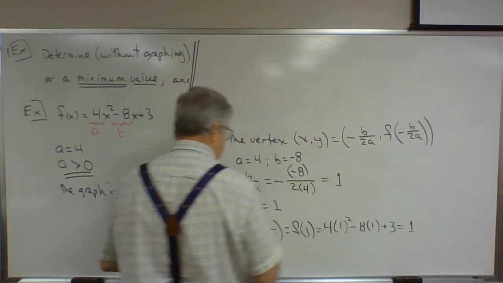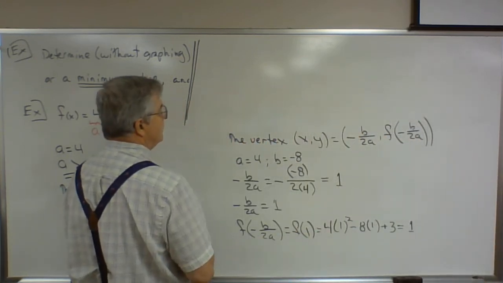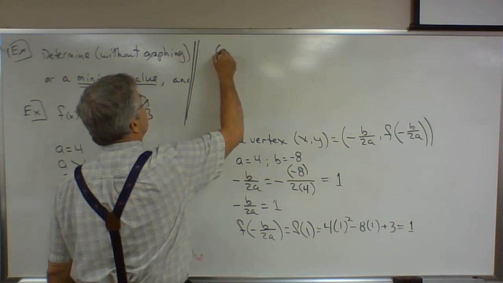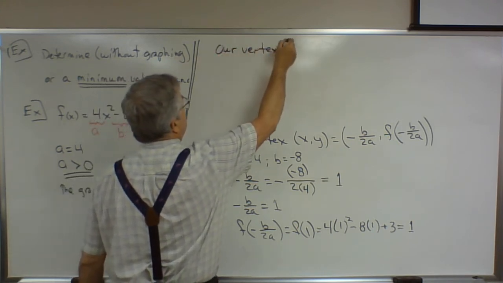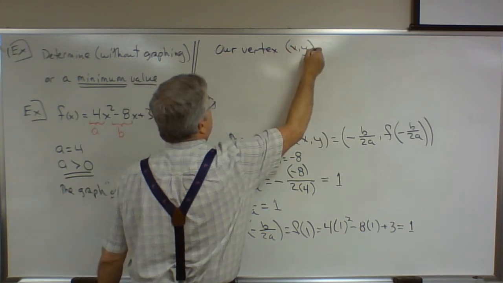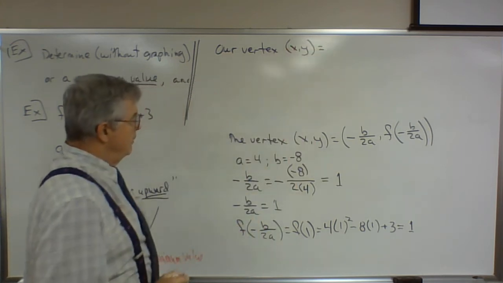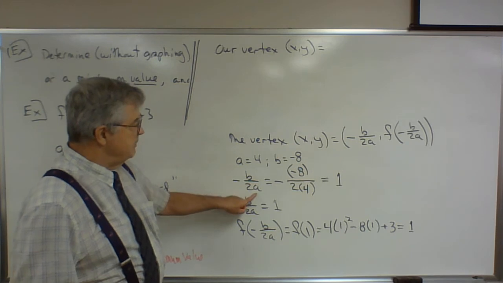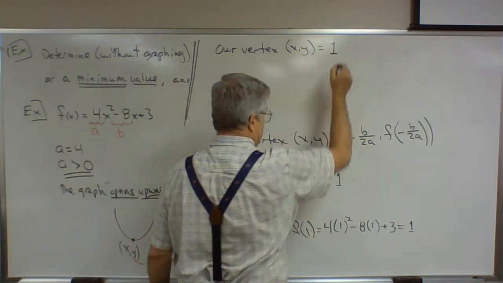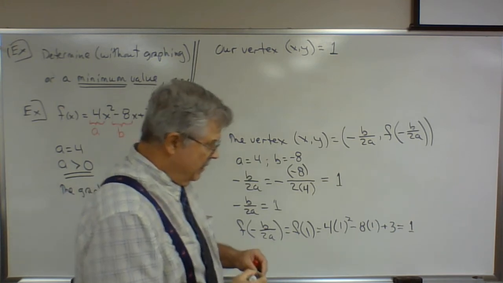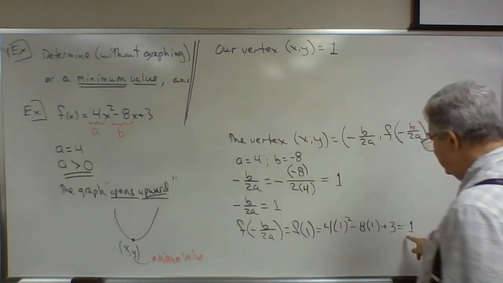And continuing up here, the x coordinate of our vertex is 1. And I said one thing down here and I did something else.